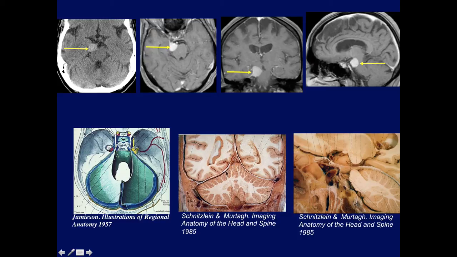So that would be someplace over here, attached to the incisura of the tentorium. And on the sagittal view, you can see it over here. It's hard to tell exactly where it is, but here's the tentorium and then the sagittal cut, so it would be in this location.